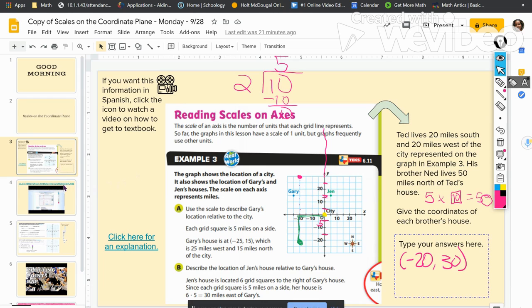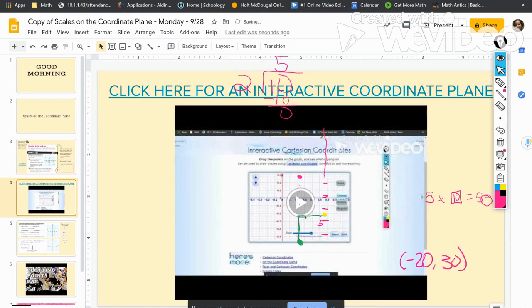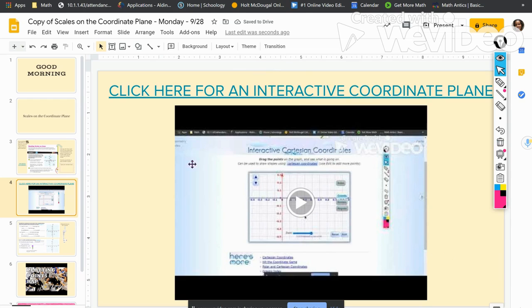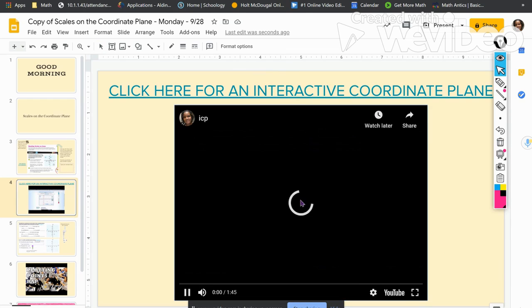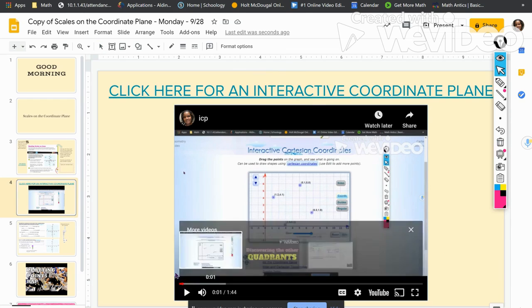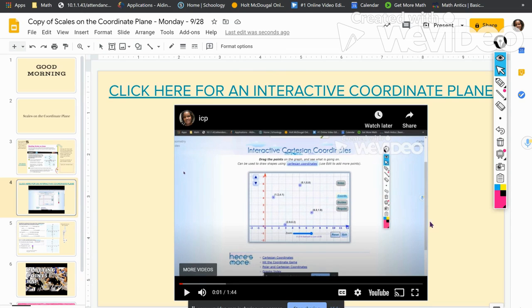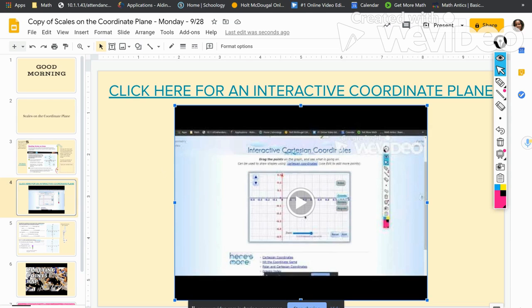This slide, I wanted you to click on the, oops, let me erase my screen. I wanted you to click on the video. It was just a short little example of me talking to you about the different scales on coordinate planes. Because as we've noticed, scales can range. Like on the example before, we were going by 5s.